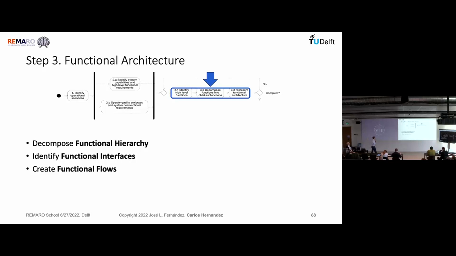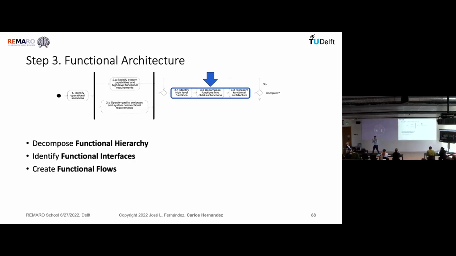There are three things that we need to do in the process of decomposing the functional architecture of the system. We decompose it, and meanwhile we identify the interfaces, so inputs and outputs from one function to the other, and we create the functional flows: which functions happen in which order in the system.